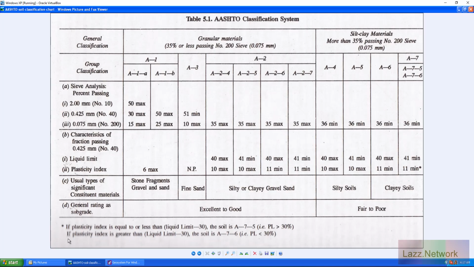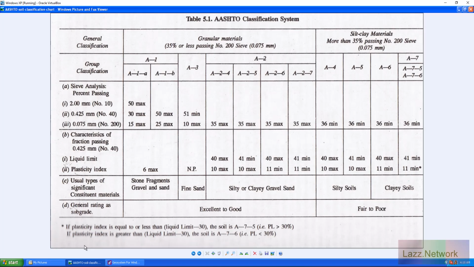I just want to make sure this is actually doing this right. So if your plastic index is greater than your liquid limit, so for this example 30, the soil is A76. So in other words, your plastic limit is less than. Oh yeah. No. That's right.